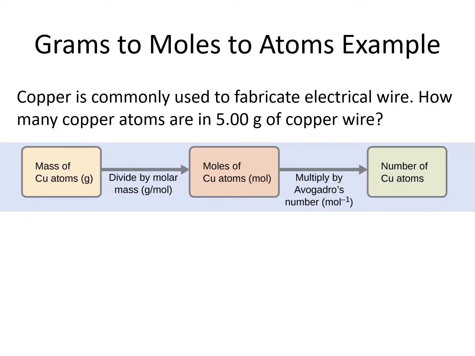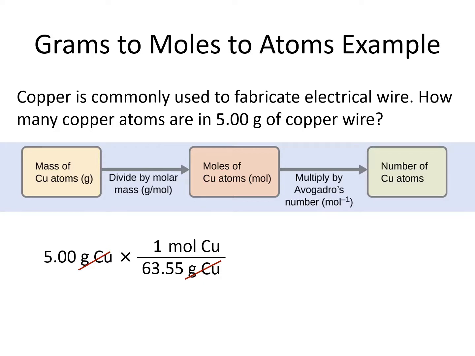First, we start with the number we're given in the problem, 5.00 grams of copper. Our first conversion factor needs to have grams of copper on the bottom to cancel out with the grams of copper in our starting number, and moles of copper on top, since that is the intermediate we are trying to get to. We fill in the molar mass of copper next to grams and 1 next to moles.